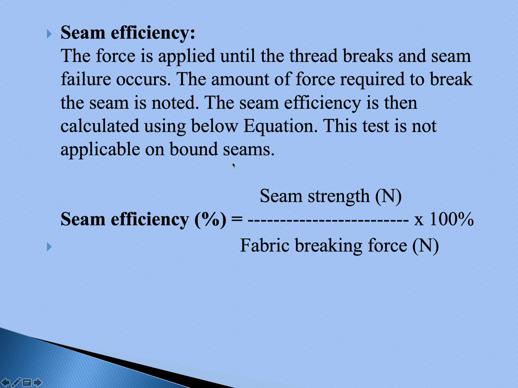Other than that, any other class of seam from class 1 to class 8 can be tested using this method. Seam efficiency in percentage is determined from the seam strength to the fabric strength: the force required to break the seam divided by the fabric breaking force, multiplied by 100.